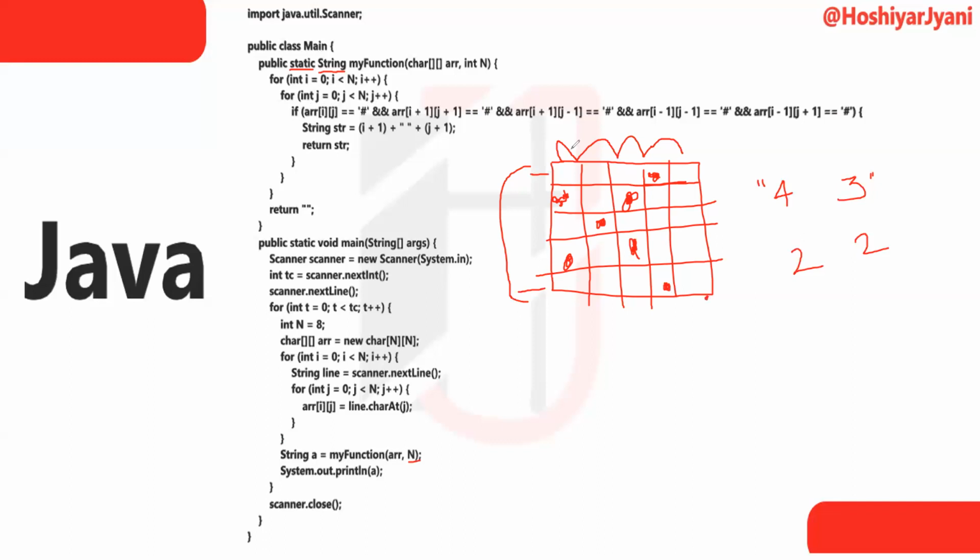So guys, at each position, we are checking if our array of ij is equal to hash. Hash is how I am denoting it. This is our hash. Assume that. This line and this line are represented by the hash.